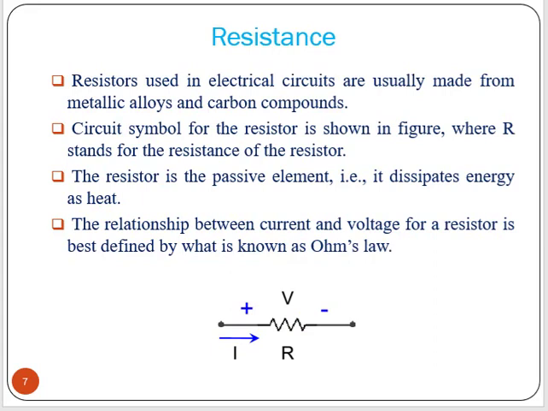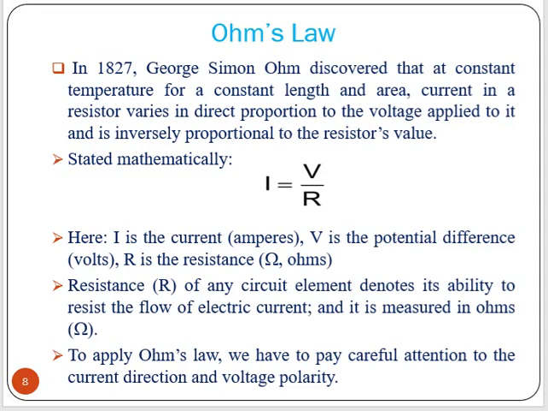The relationship between current and voltage for a resistor is best defined by what is known as Ohm's law. We have already studied Ohm's law. In 1827, George Simon Ohm discovered that at constant temperature, for a constant length and area, the current in a resistor or conductor varies in direct proportion to the voltage applied to it and is inversely proportional to the resistor value.